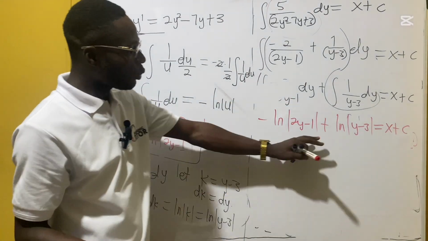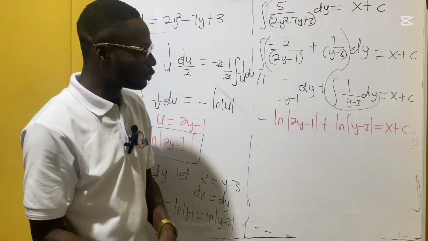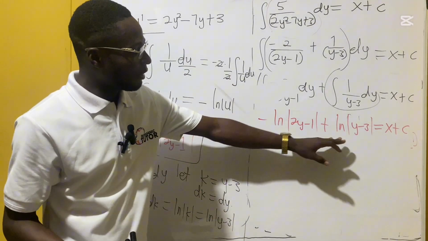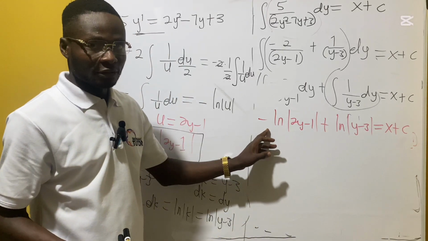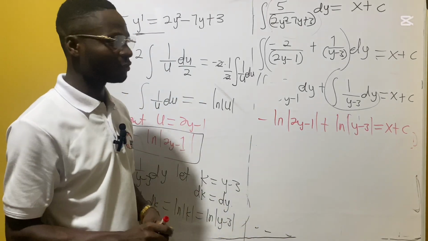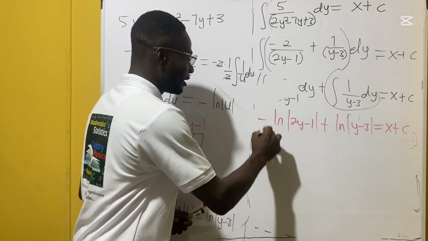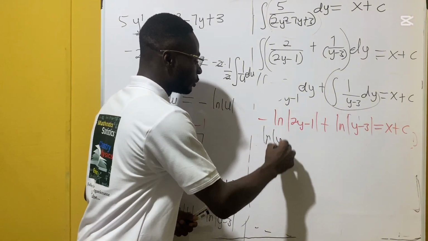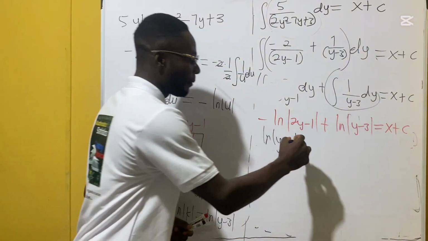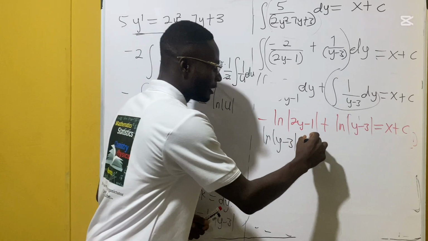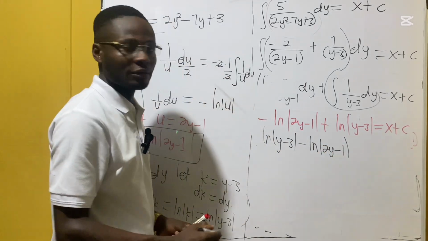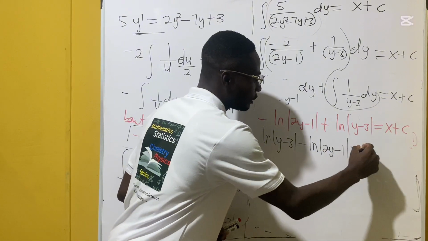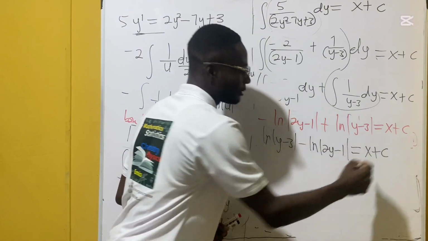So once we have this, we have to do proper arithmetic, put addition first before subtraction, you know, of course, BODMAS. So ln of y minus 3 minus ln of 2y minus 1, and this should be equal to x plus c.